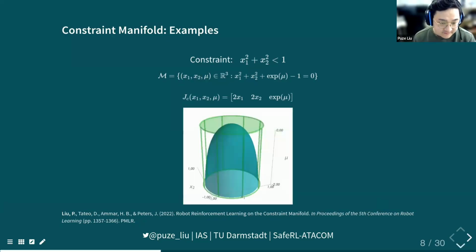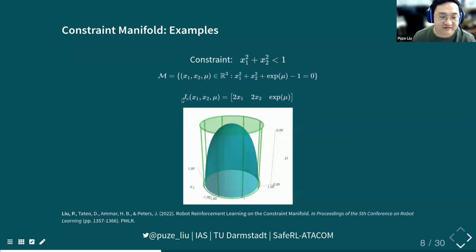And you can see that this Jacobian also has a constant rank, since the only points that can be problematic are x1 equals 0 and x2 equals 0. But at this point, exponential of mu equals 1 if we want to maintain the manifold.